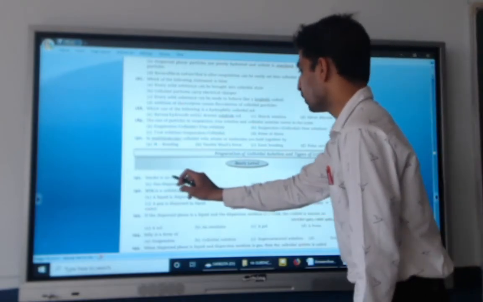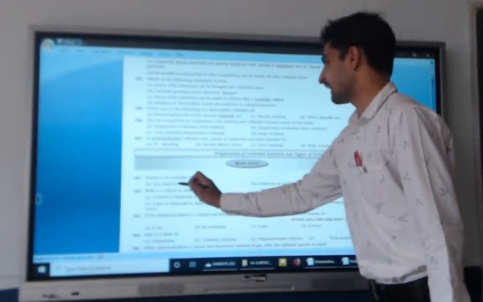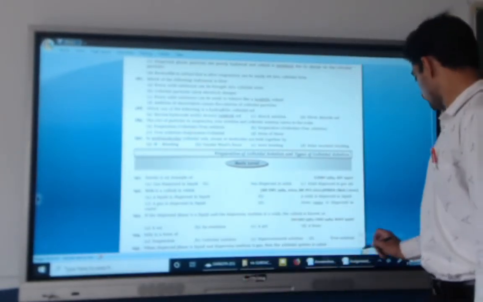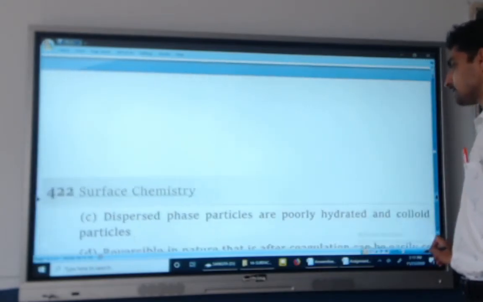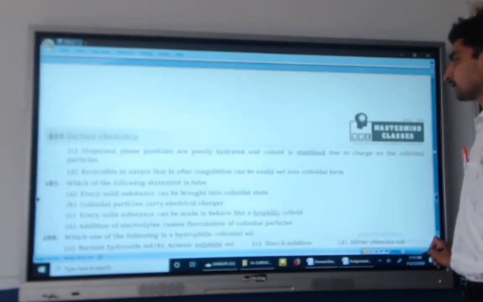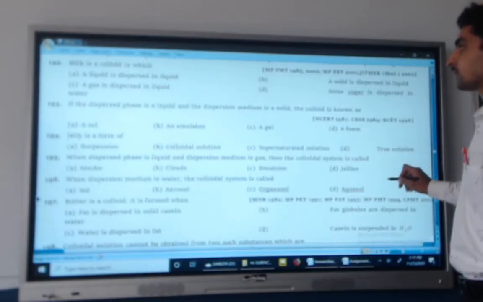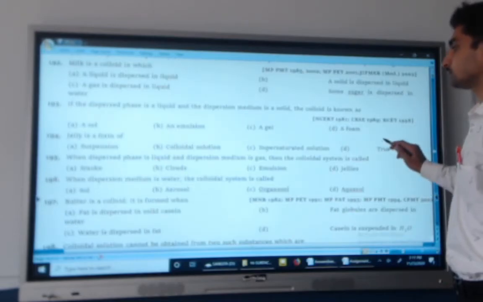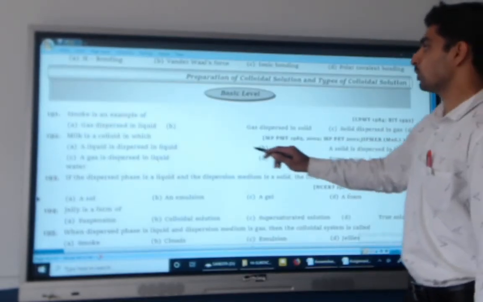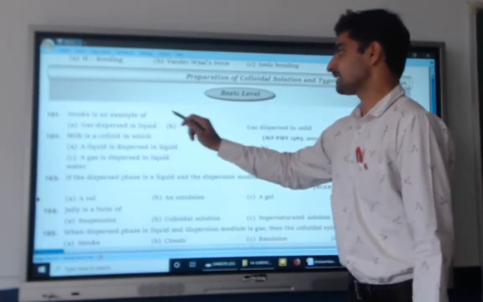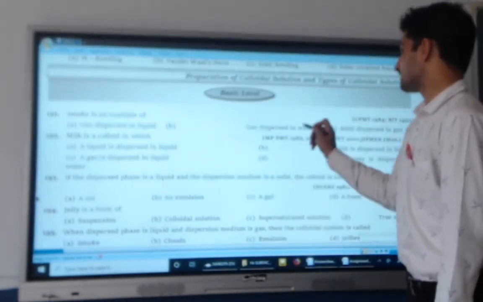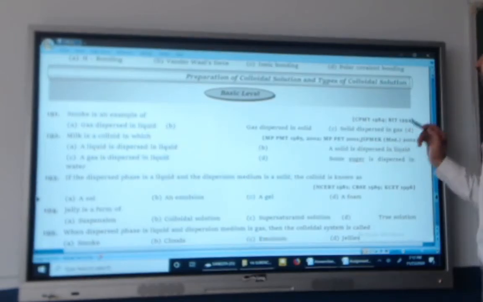Smoke is an example of gas dispersed in liquid. Once again, I will increase the size. Smoke is an example of gas dispersed in a liquid, gas dispersed in solid, solid dispersed in gas.